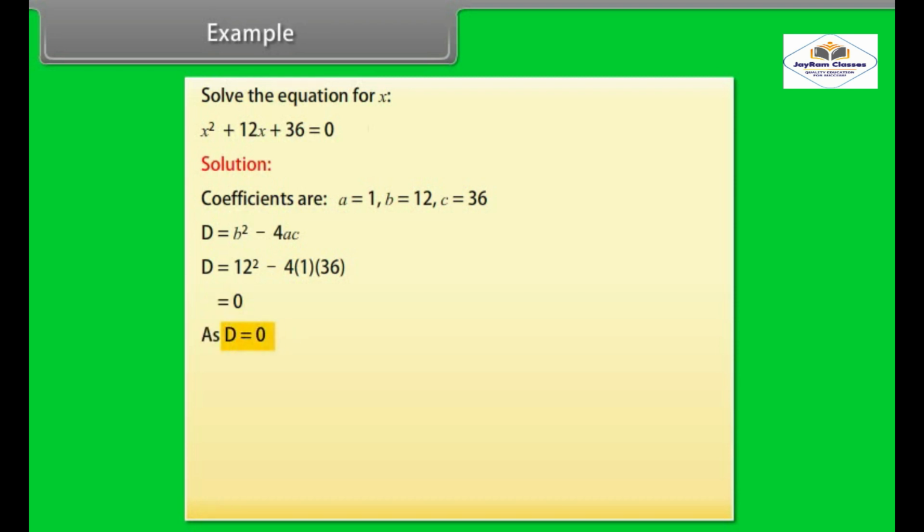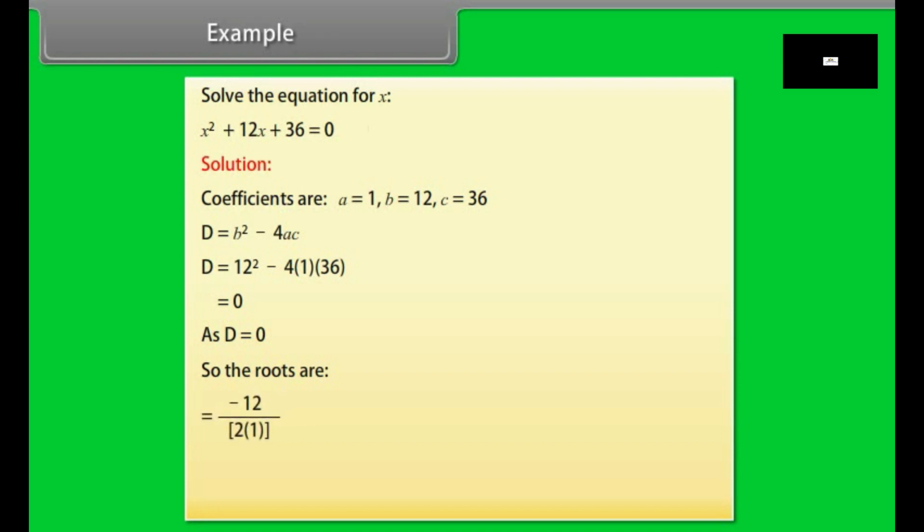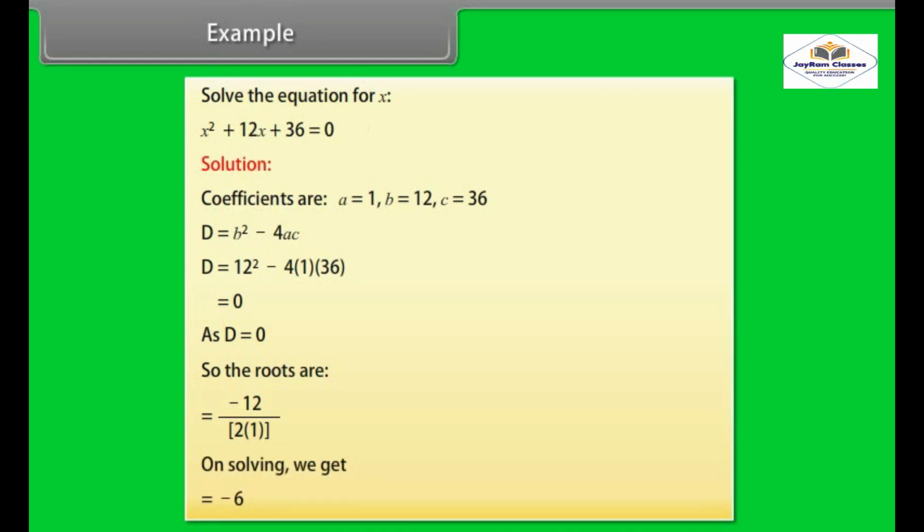As d equals 0, the root is x is equal to minus 12 by 2 into 1. Now solving, we get x is equal to minus 6.